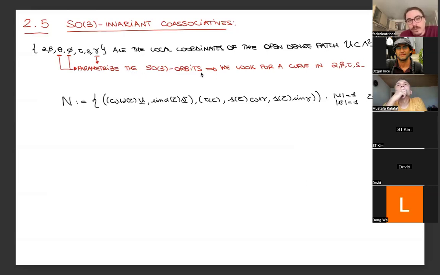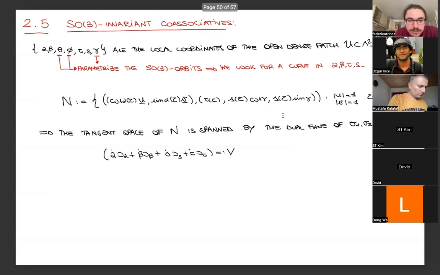So what we are looking for is a curve in alpha, beta, t, and s. So my four-dimensional SO(3) invariant manifold looks like cos alpha u, sin alpha v, t tau, s tau cos gamma, s tau sin gamma.